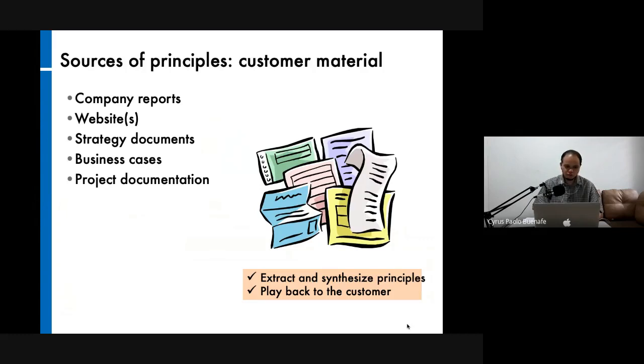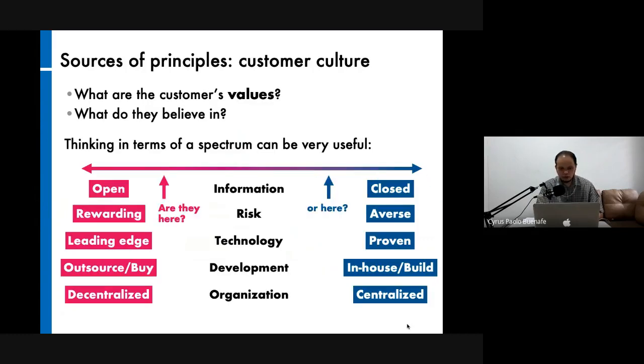Now, another potential source would be the culture of the organization. So, what are the customer's values? Some companies would place their core values on a wall, or in a specific area of their website that lays down their core values.